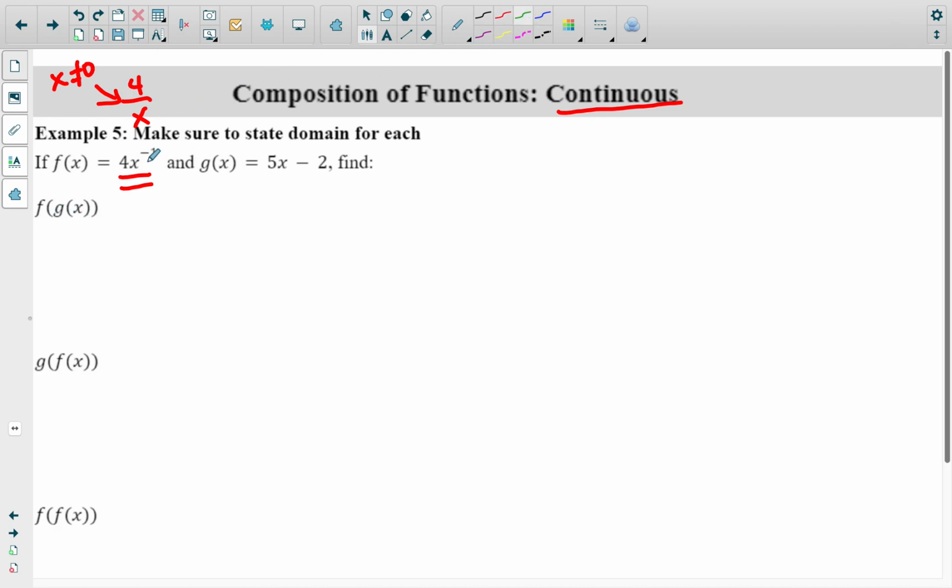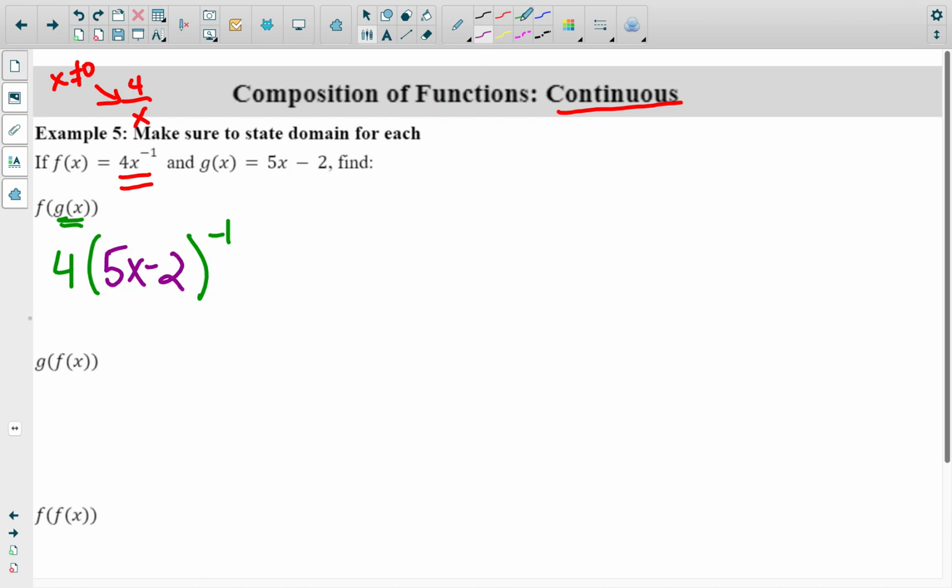So let's dive in. We're going to plug in our inner function anywhere we see an x in the outer function, okay? So f is our 4, and then x is being raised to the negative first power. I'm going to leave a blank there, and we're going to plug in g of x into those parentheses, okay?